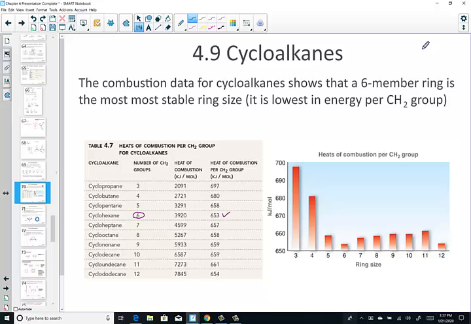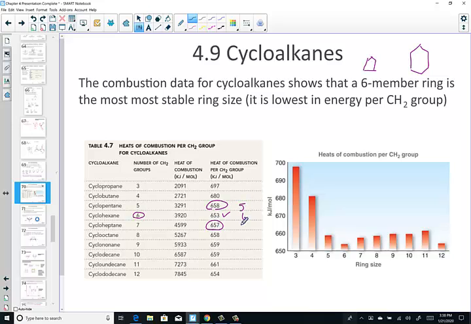So we spend a lot of time talking about cyclohexanes in organic chemistry simply because a 6-membered ring is the most prevalent type of cyclic structure. It exhibits the least amount of ring strain, it is of lowest energy, and therefore favored in nature. Close to that would be cyclopentane, a 5-membered ring, very close really, 658, and 657 is cycloheptane.